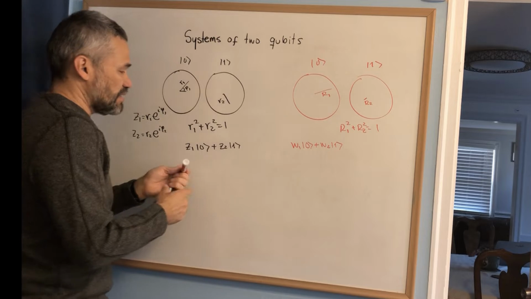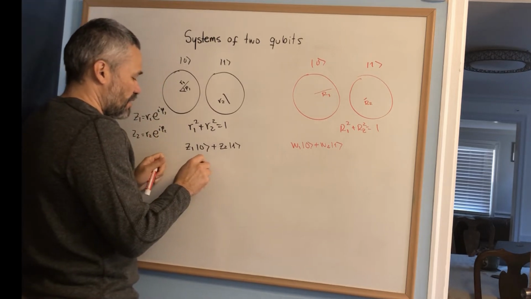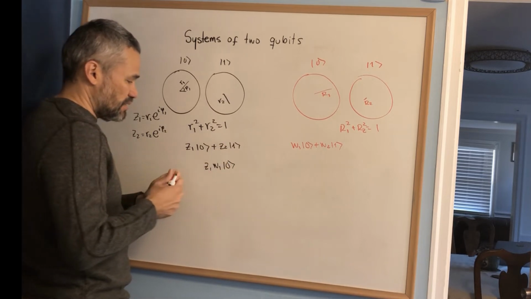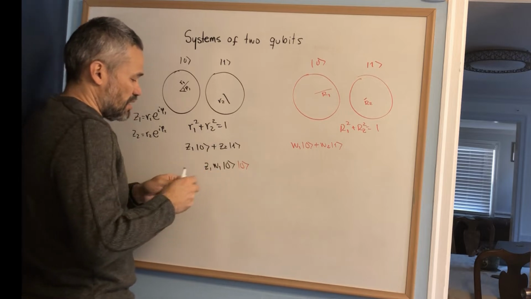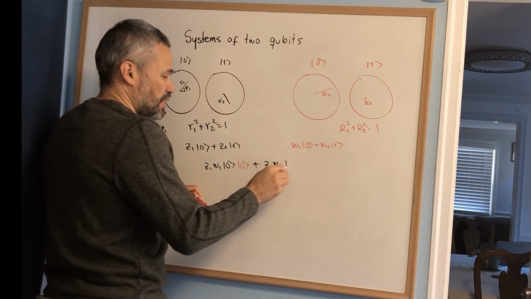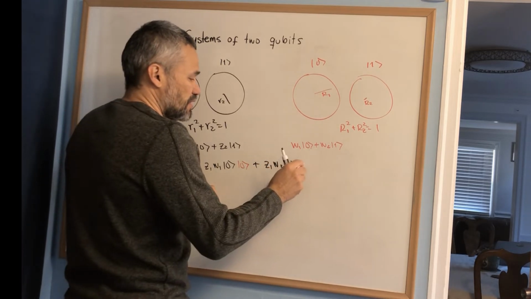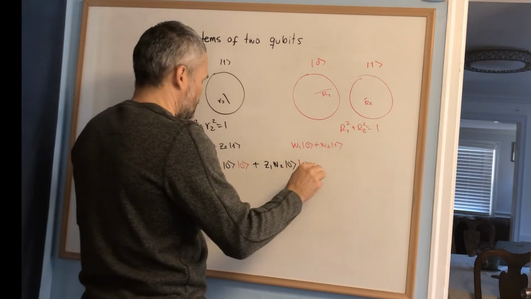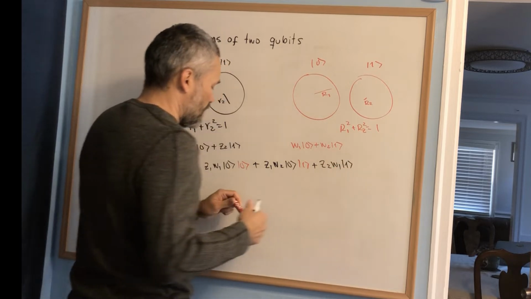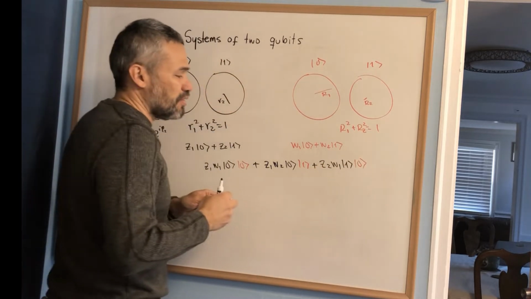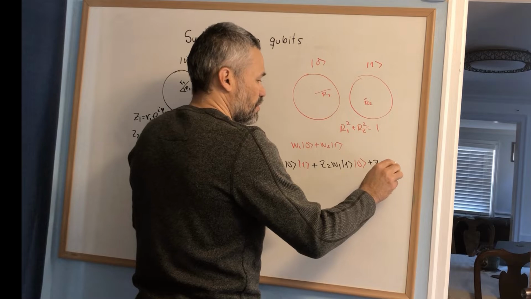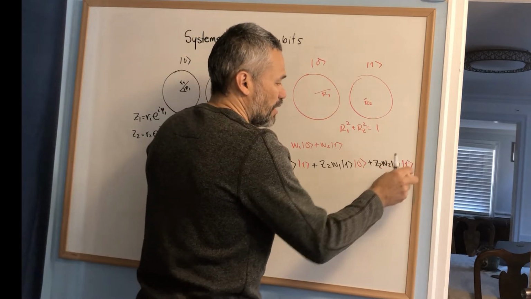Then we can use the distributive property, and then we will have C1 W1, this times this, and then plus C1 W2, this times that, plus C2 W1 with 1 and 0, plus C2 W2 with 1 and 1.